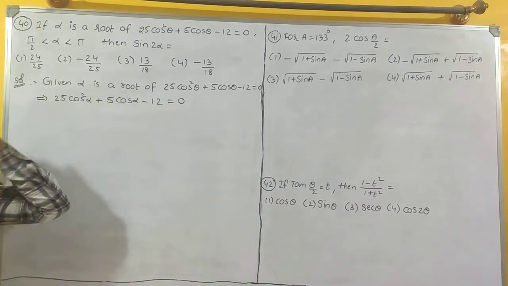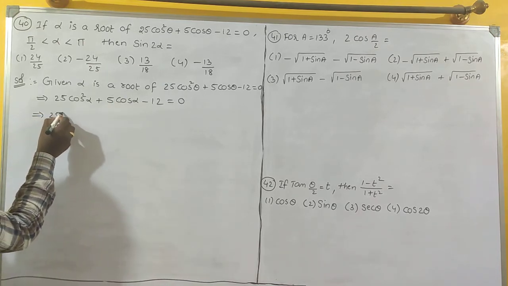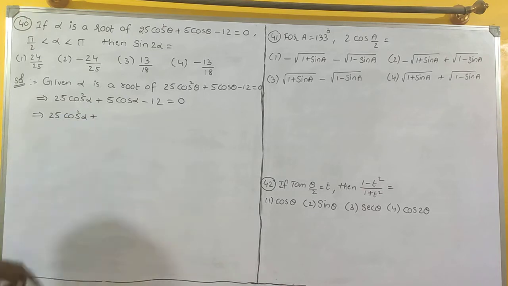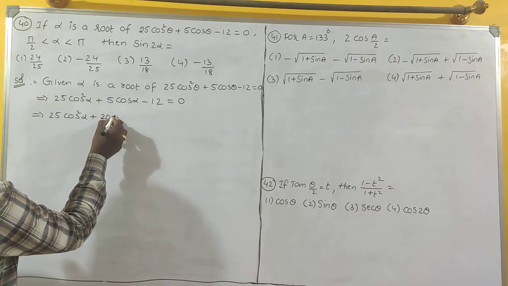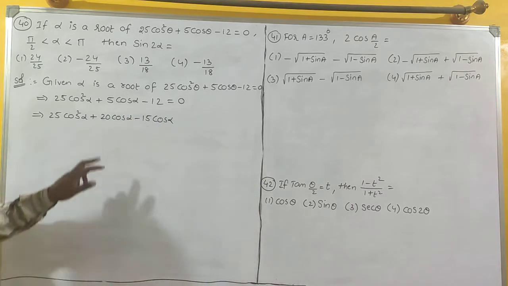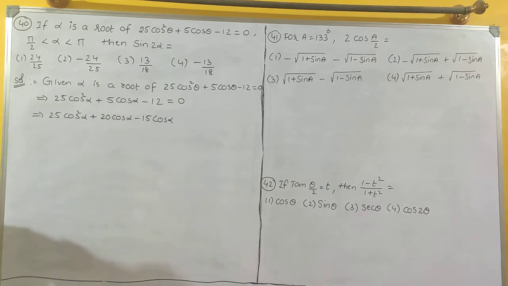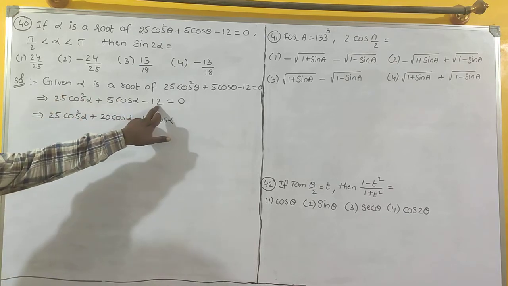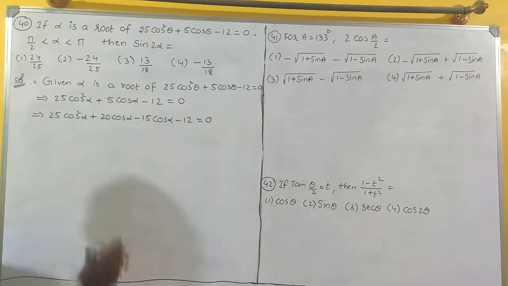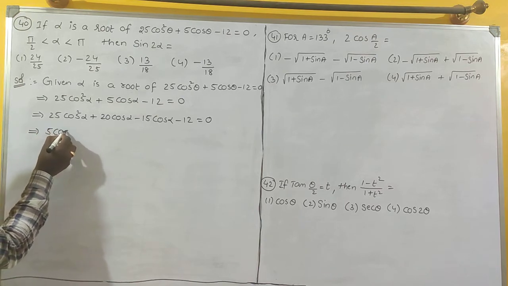It is a quadratic equation. We need to factorize this. That implies 25 cos square alpha. Now this 5 cos alpha can be written as 20 cos alpha minus 15 cos alpha. Why? Because 20 times 15 is 300, and 25 times 12 is also 300. Minus 12 is equal to 0. From the first two, I can take 5 cos alpha common.